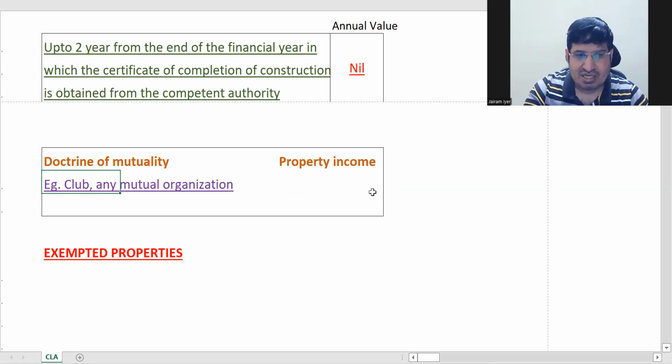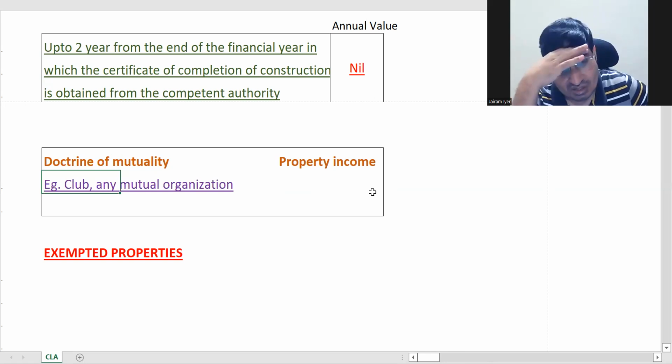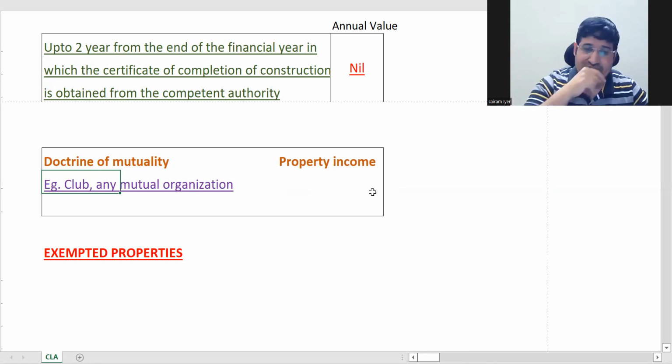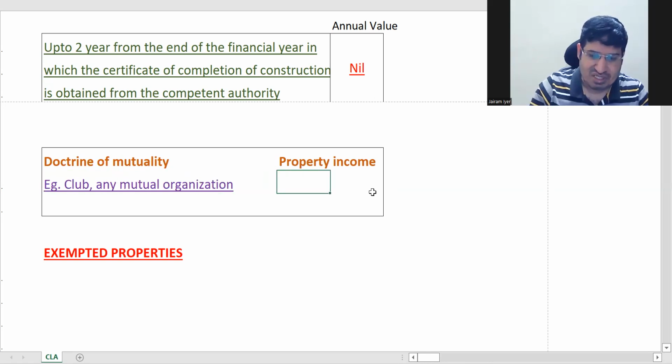Now, the doctrine of mutuality means, if you have any club or any mutual organization, then property income is exempt for it. Like any income is exempt for a mutual association, property income is also exempt.